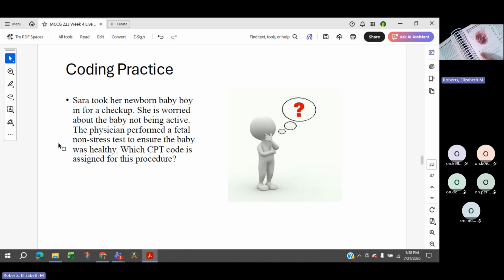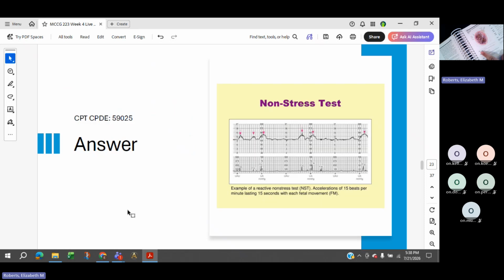They do them, what's it called, percutaneously. Anyways, 59025 is the correct code. But notice it's in the maternity care and delivery section, because this is a service that is performed on the fetus while the mother, the pregnant female, is pregnant with that fetus, right? So it's in that maternity care section.